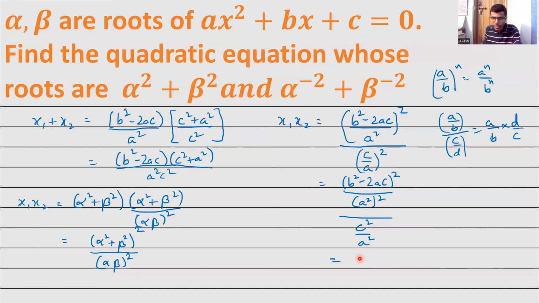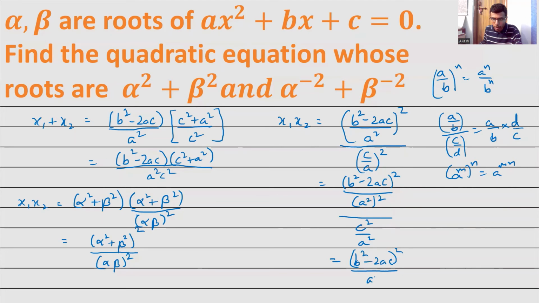So hence I would get here b square minus 2ac whole square divided by, now let's simplify a square whole square also. A square whole square is nothing but a power 4. Why? Because a power m whole power n is nothing but equal to a power mn. So a power 2 into 2 is nothing but a power 4.